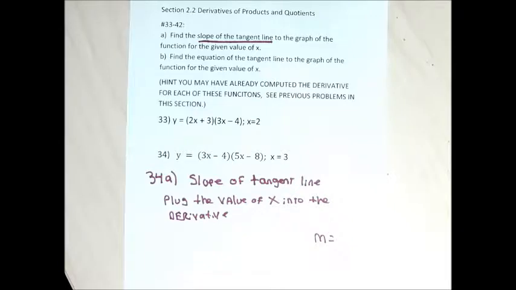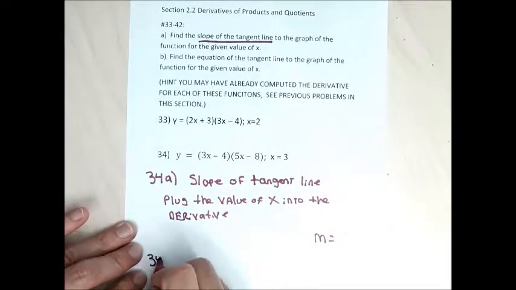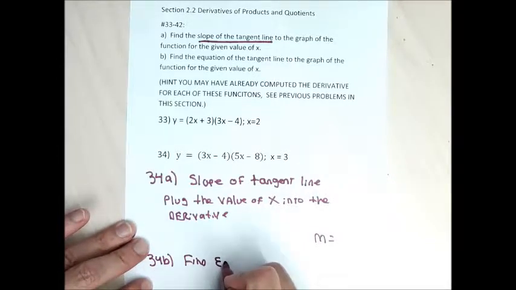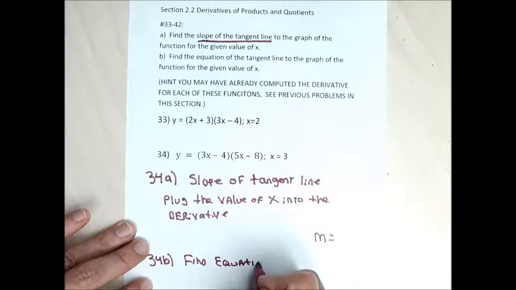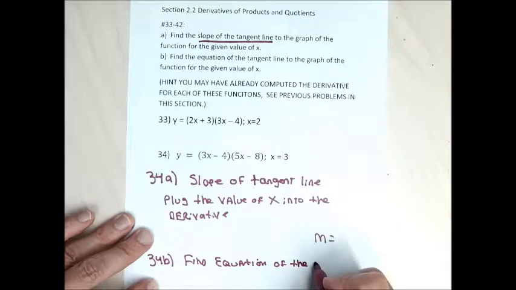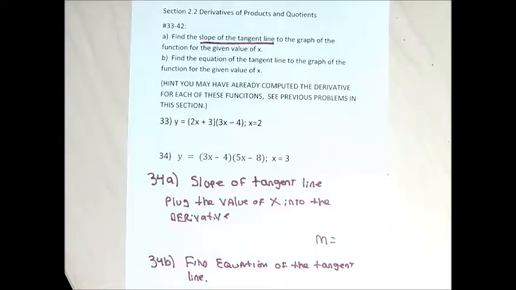So for each problem between 33 and 42, there's a part A, where we need to find the derivative and plug the value of x given into the derivative. Part B, we want to find an equation of a tangent line. And I'll get to that after I do a part A. So before I jump into that, let me do part A of 34.